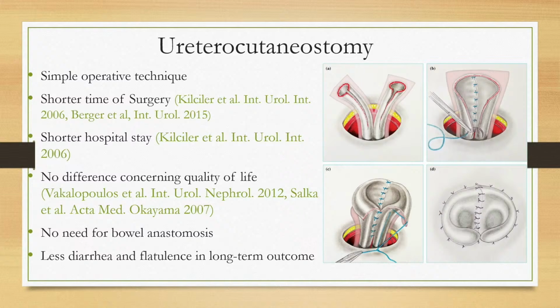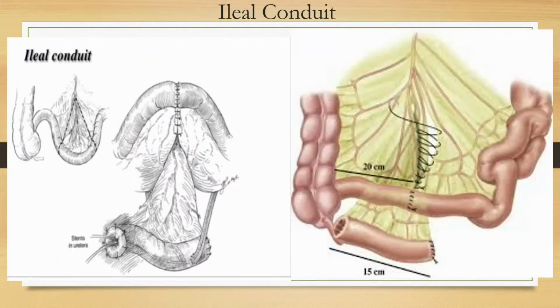So these are just different ways, and ureterocutaneostomy is not commonly performed, but it has a role, especially in our elderly patients, for different reasons which have been listed. The main method that most surgeons perform is the ileoconduit.